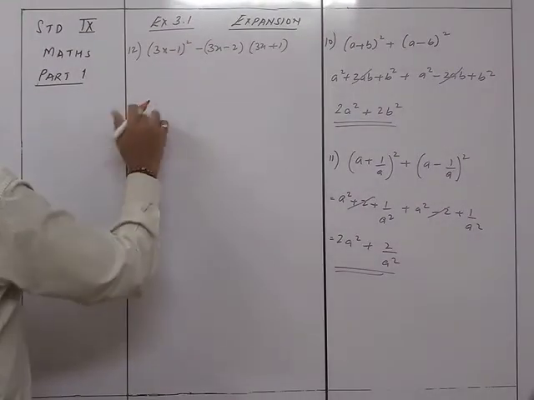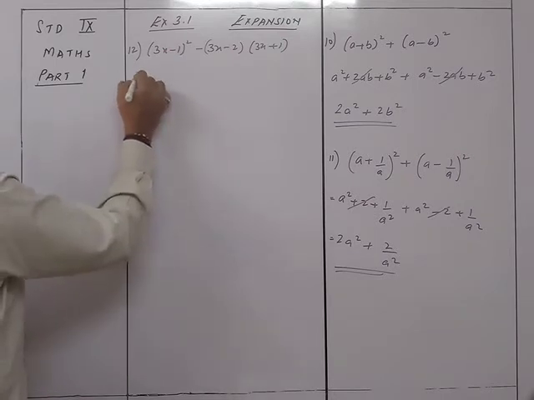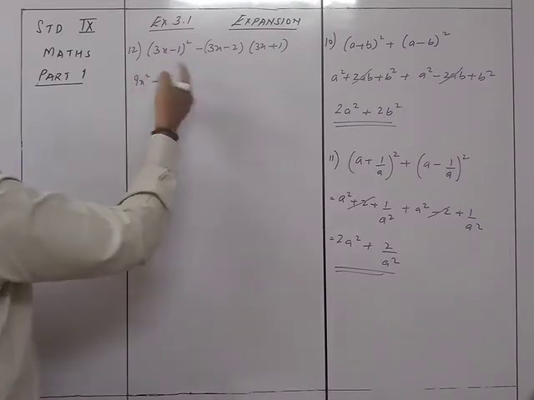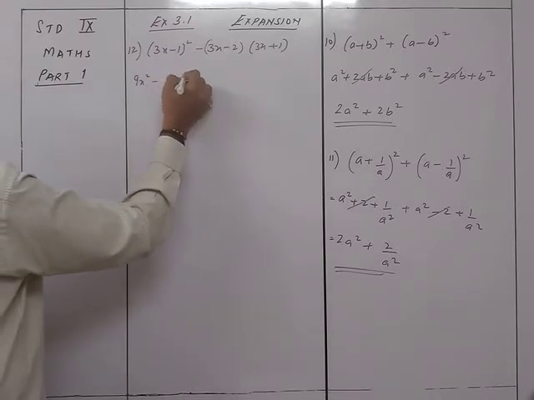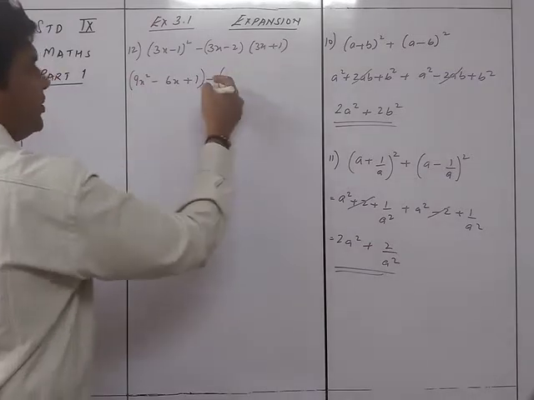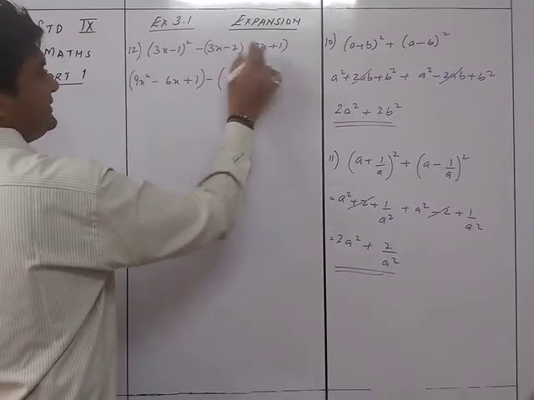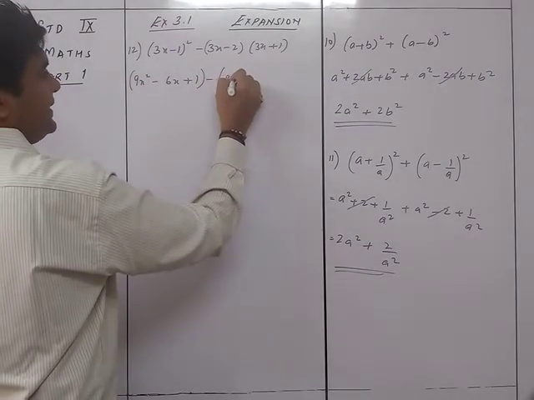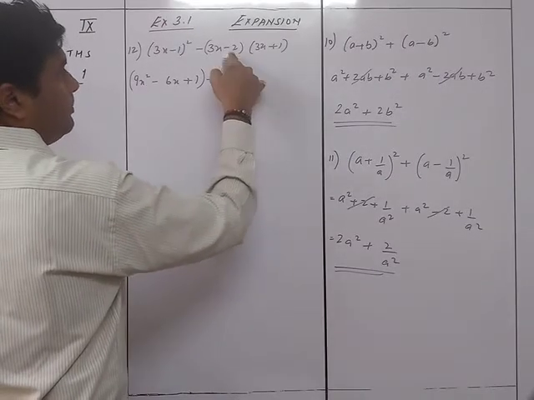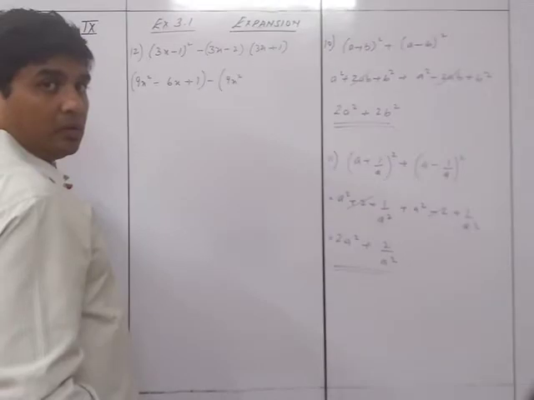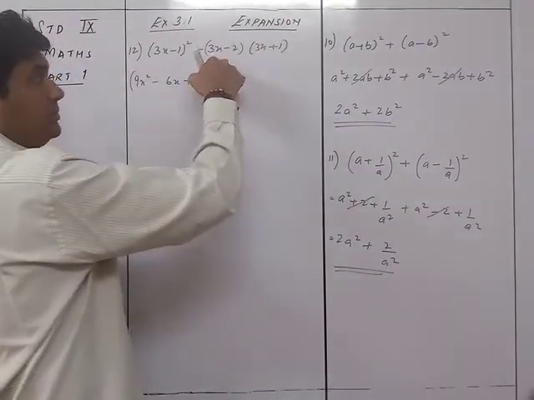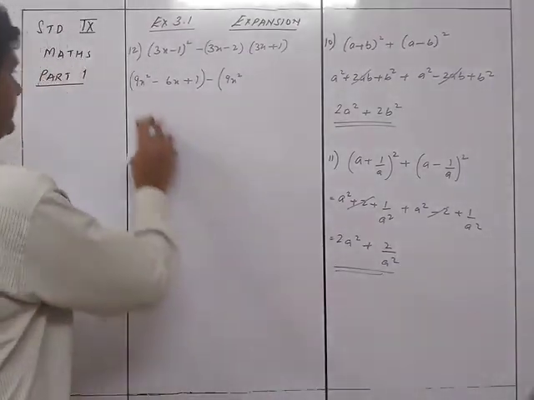So opening the brackets, what you get over here will be 9x square minus 2 into 3x into 1 will be 6x plus 1, minus, and here it will be 3x into 3x will be 9x square, and then it will be minus 2 plus 1 will be equal to minus 1, minus 1 into 3x. Okay, I'll just show you this thing.